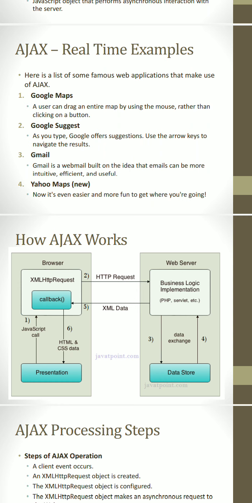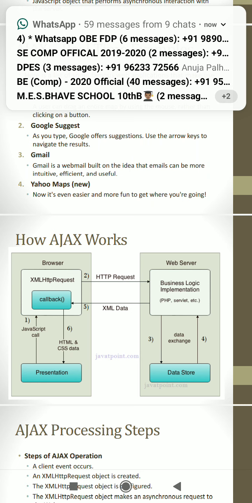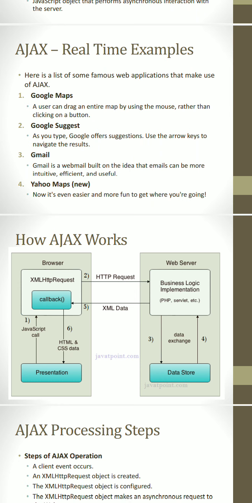Second point is the arrow, that is the HTTP request. Using that XMLHttpRequest object, the HTTP request is sent to the server. Third part will be in the web server and data store. The server interacts with the database using any of the server side scripting languages.